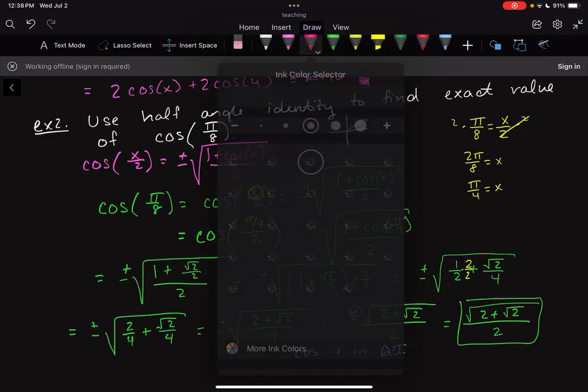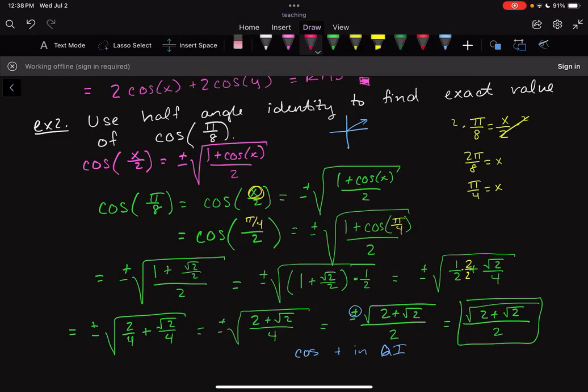Now, what I would personally do if I just saw this problem out of nowhere is I would probably prefer to use the cosine addition or subtraction identity. So what I would say is, if you made this in degrees, let's find out what that would be.